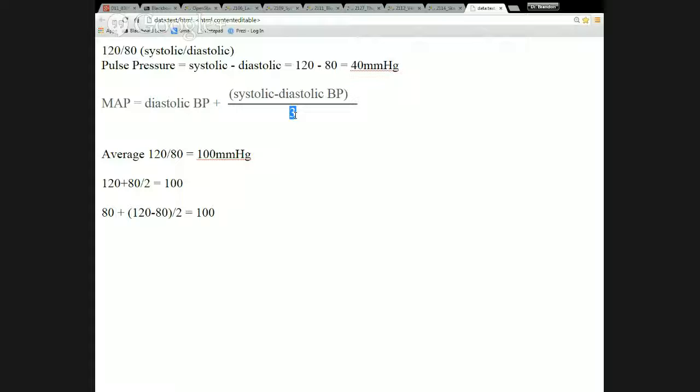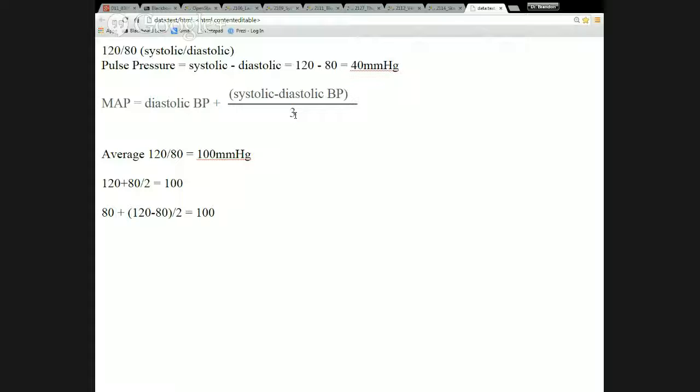About 300 milliseconds of that is ventricular systole, and the other 500 milliseconds of that is ventricular diastole. Okay. 3 is not a perfect representation of the 300 out of 800 ratio, but it does represent the fact that the heart's in diastole longer than it's in systole. Okay. And that brings the number down a little bit.